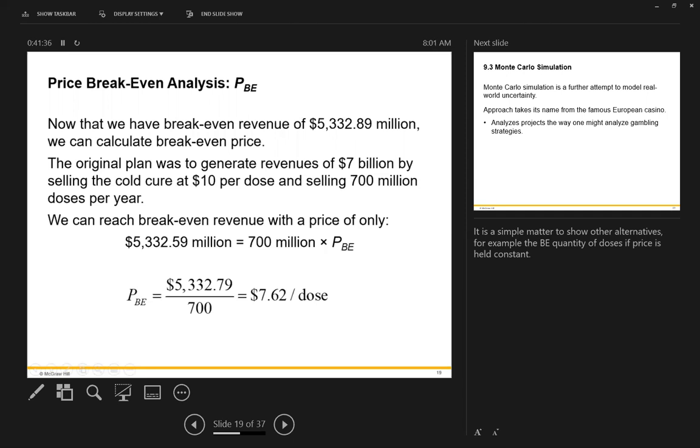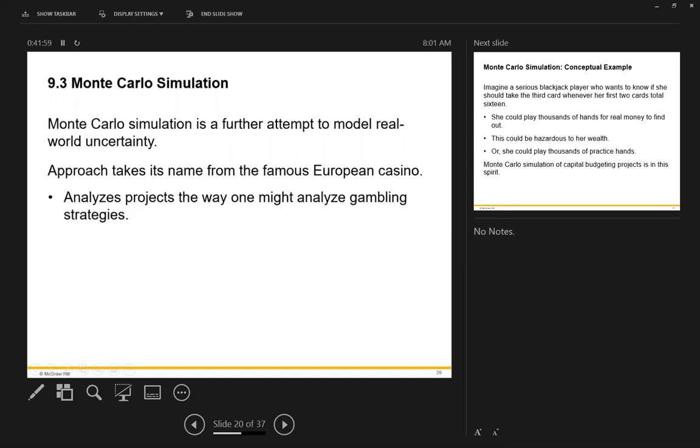So if we divide the revenue we need by the amount we're going to sell, 700 million, then the break-even price, we have to charge at least $7.62 per dose to have a zero profit, a zero net present value. Okay, that's minimum. So that helps us in determining sales price.